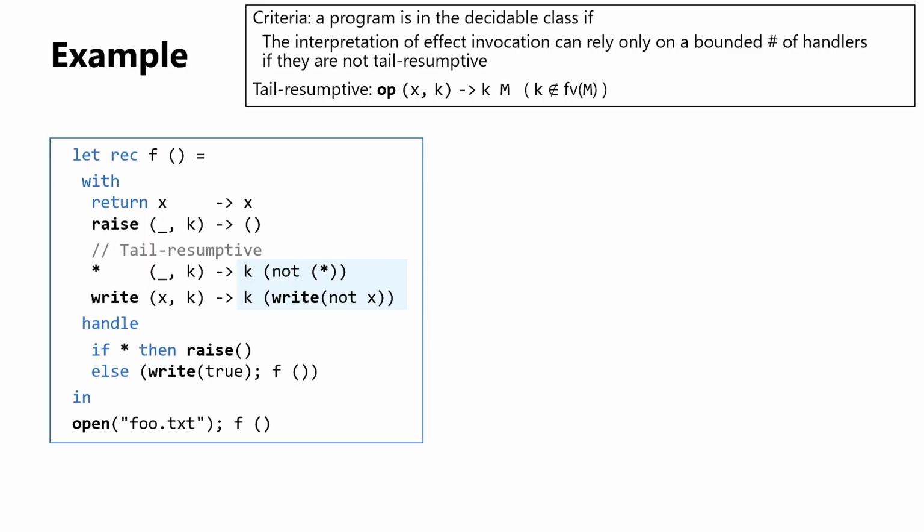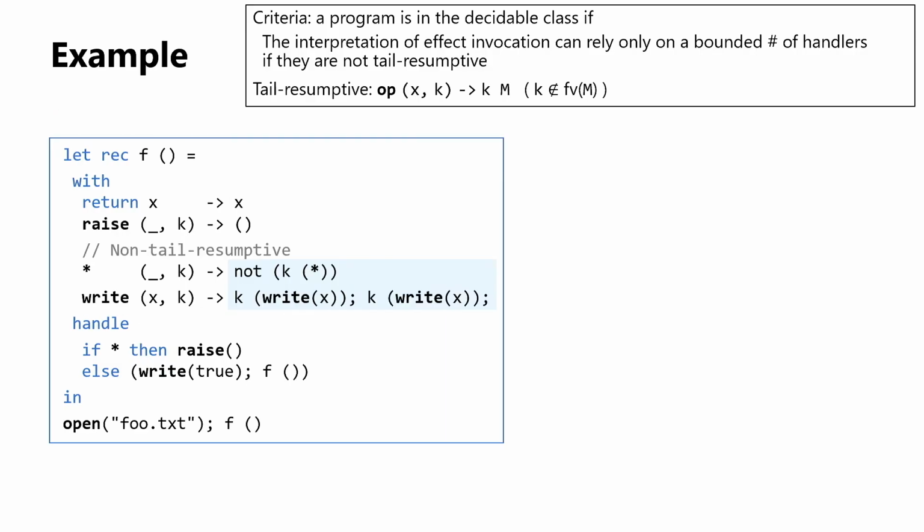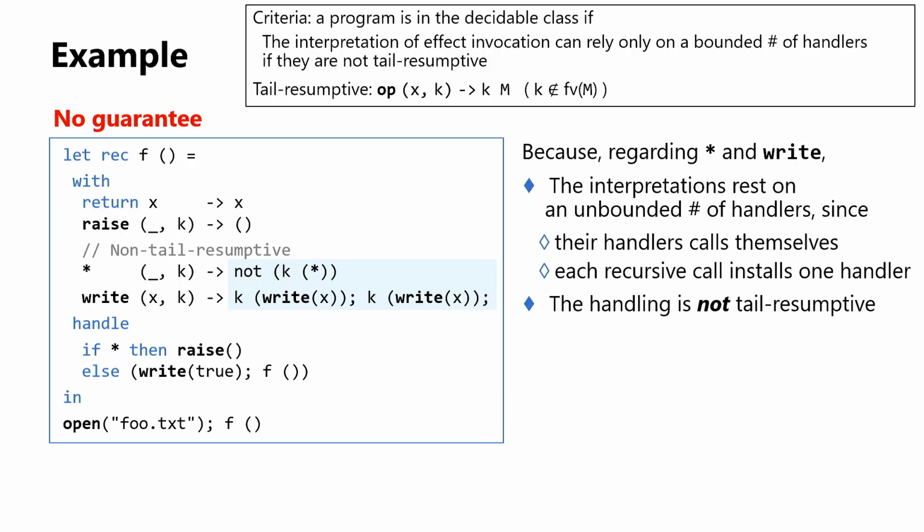Of course, we can change the argument and return a value from the operations, and this case is also decidable. But the problem happens if we want to manipulate or continue some computation after invoking the continuation. In this case, this example is outside of our class, so we cannot answer the decidability question.